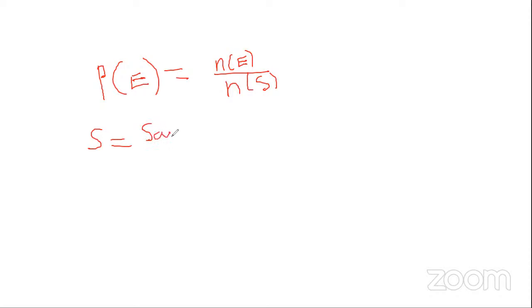Probability of E, where E represents the event, is equal to the number of E, divided by the number of S, where S represents the sample space. So what is a sample space?